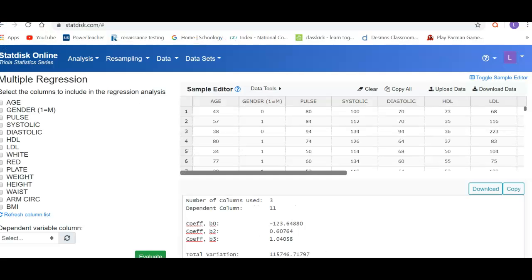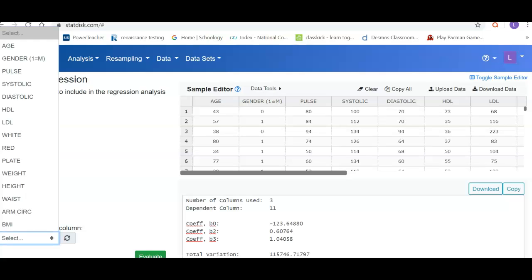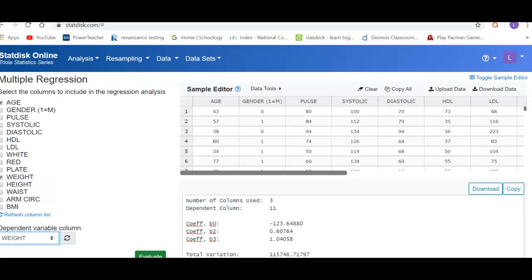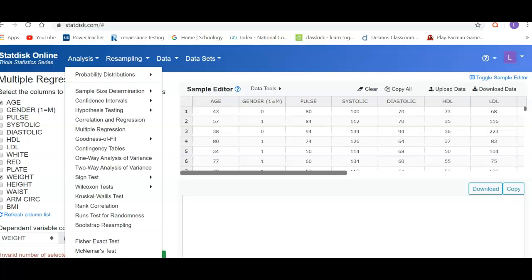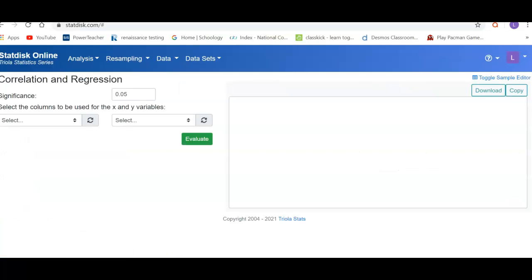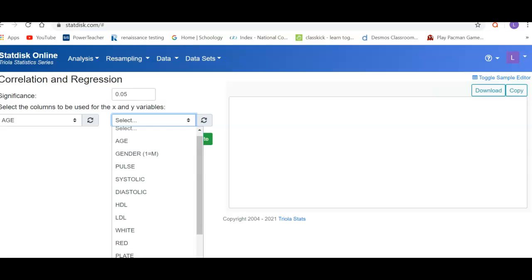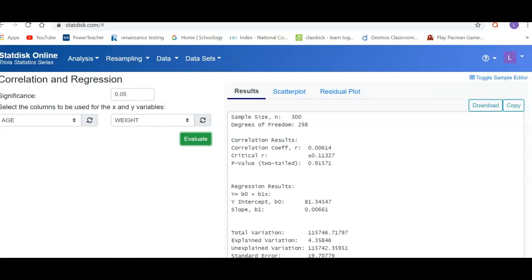If I go up here, go to analysis, and only look at age and weight, then click on weight and hit evaluate. Oh, it doesn't like it because there's not enough of them, because this is truly a linear sample correlation regression. We're going to look at age and weight, evaluate.